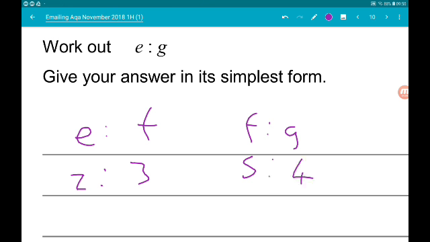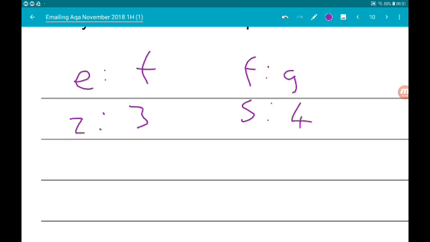Okay, so the key to doing these is the letter that is in both ratios. So what we need to do is change each ratio to make that part the same number. So the first number that 3 and 5 go into is 15.